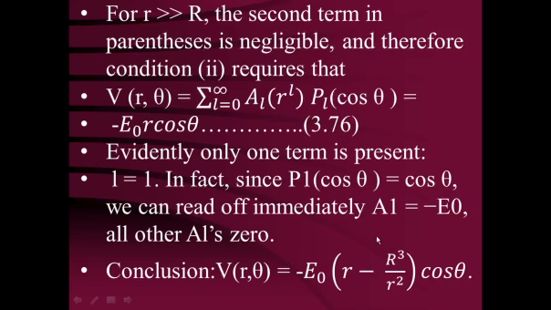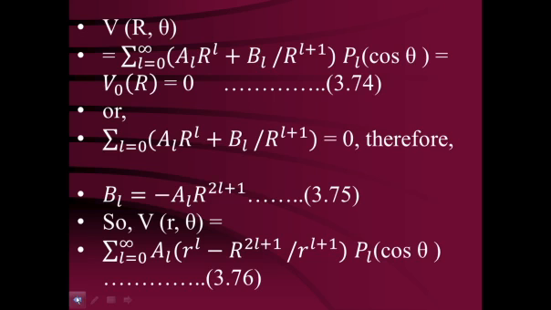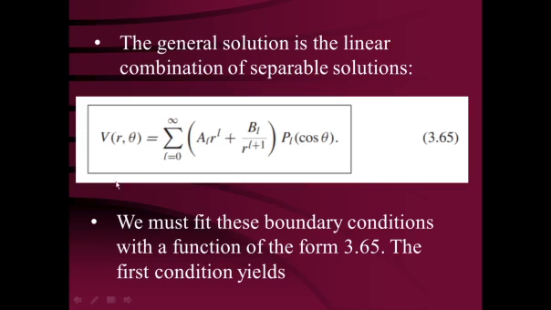This value of Al and Bl we can substitute in our equation or solutions, the previous solutions. In this equation, if we consider that L is equal to 1, only that term is going to exist: A1 r to the 1 plus B1 over r to the L plus 1, P1 cos theta, that is going to be your solution. Now B1 we have found in terms of A1.